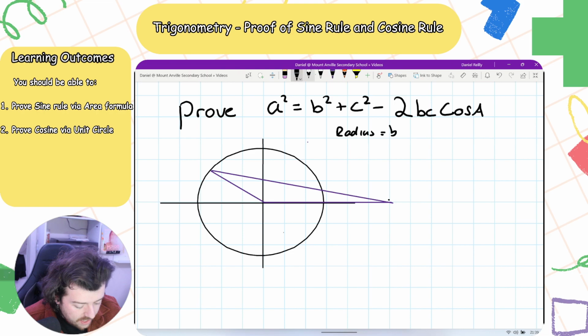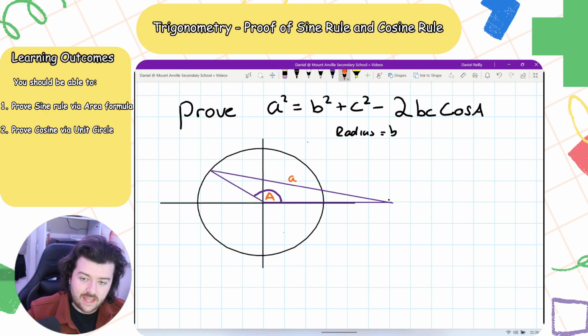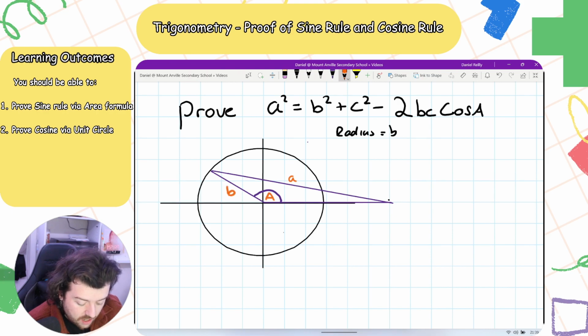Next step is we draw in our angle A. So this is angle A, and if that's angle A, therefore this side of the triangle is side a. This side here is the radius, so we're just going to call that b. And then finally this side is equal to c. So I filled in my sides and my angles.